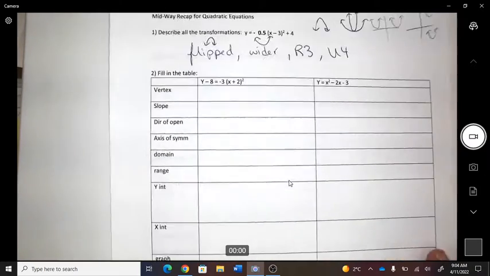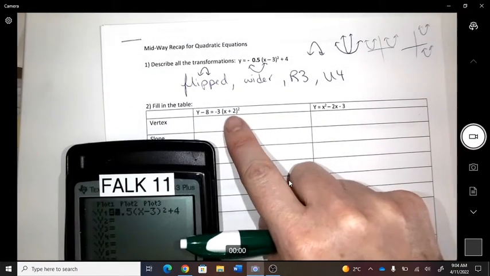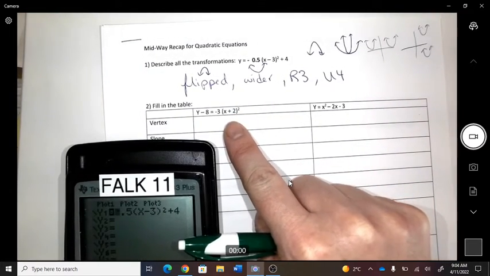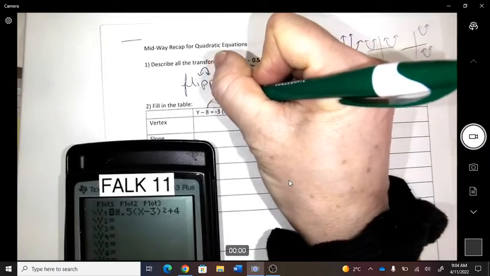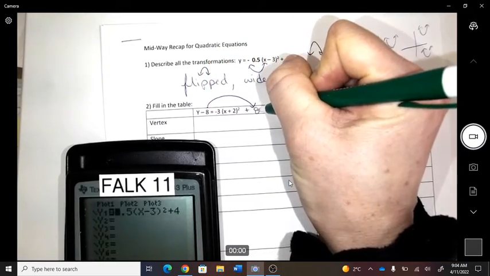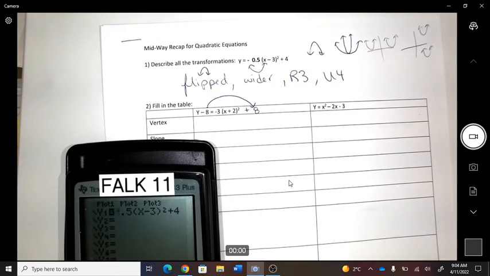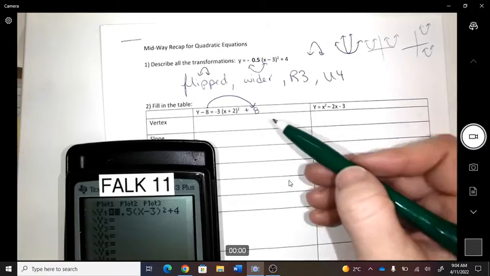Okay, number 2, let's put that in. Oh, you know what? We can't type this in because we always have to have y equals. So what do I have to do to this? I'm going to have to move that. So if I have a subtract 8, I'm going to have to add 8.